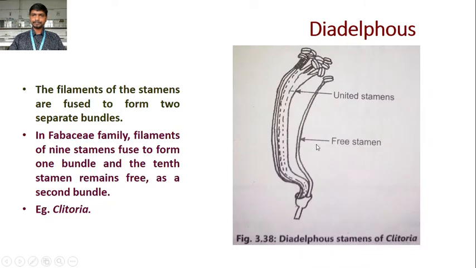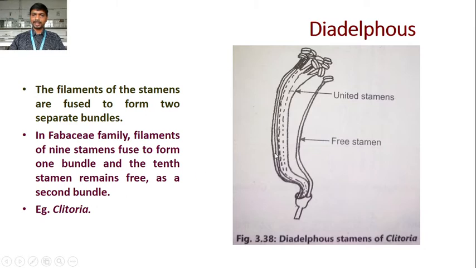Next to this is the diadelphous. The filaments of the stamens are fused to form two separate bundles. Di means two. So here the filaments of the stamens are united to form two separate bundles. In the Fabaceae family, the filaments of 9 stamens fuse to form one bundle, and the 10th stamen remains free as a second bundle.